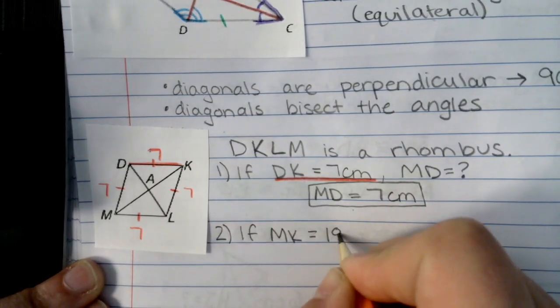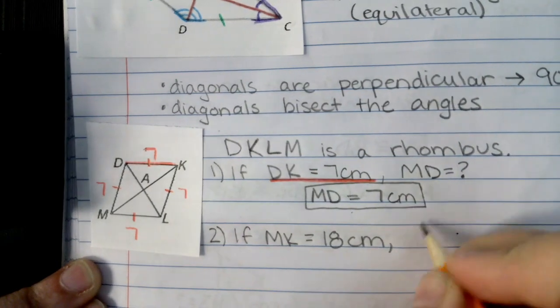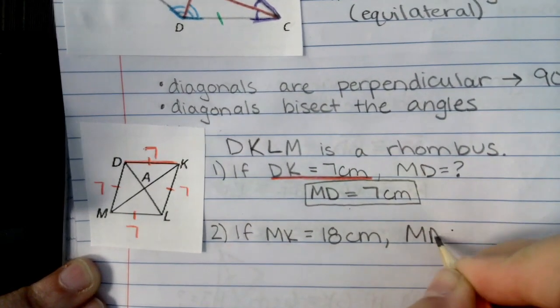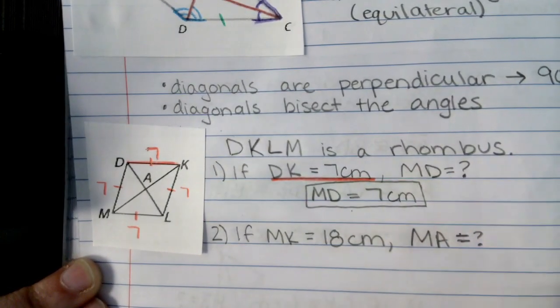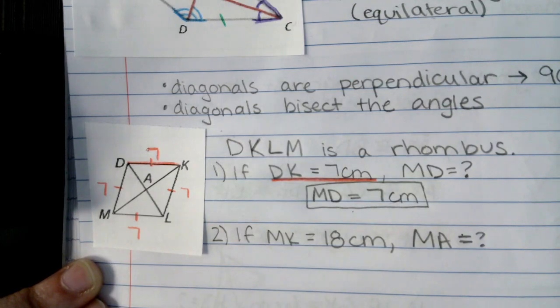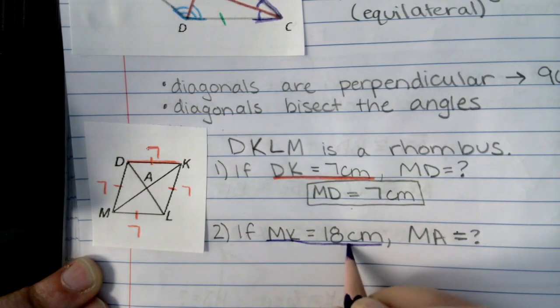So we're looking for MK. MK is the line right here. What's that kind of line called? Diagonal. Yep, this is the diagonal. And what does the diagonal do? You said it. Splits it. Yeah, exactly. So that's going to help us.